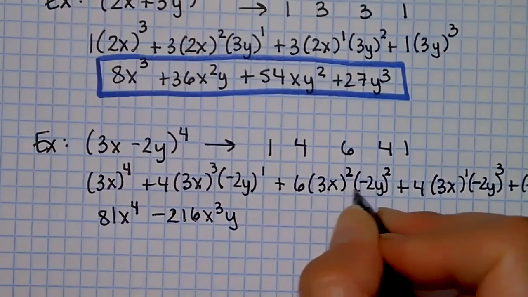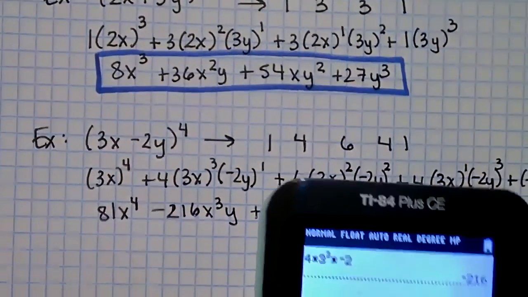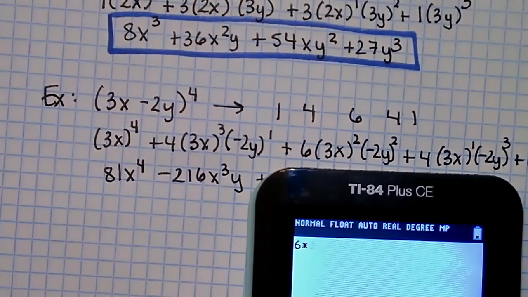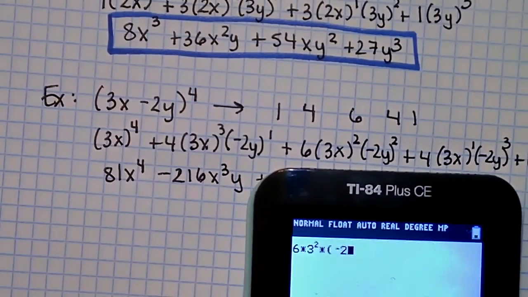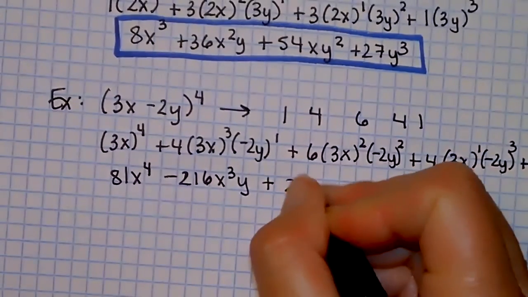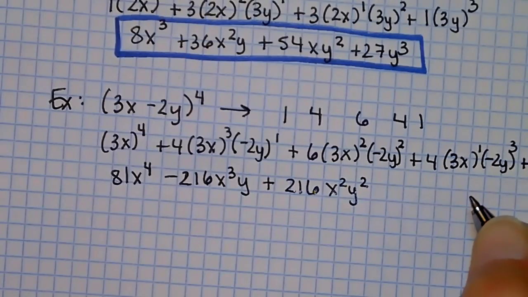Now this one's going to be positive. And this time I have 6 times 3 squared, which is 9, times a negative 2 squared, which is 4. So I end up with a 216, 216x to the 2nd, y to the 2nd.